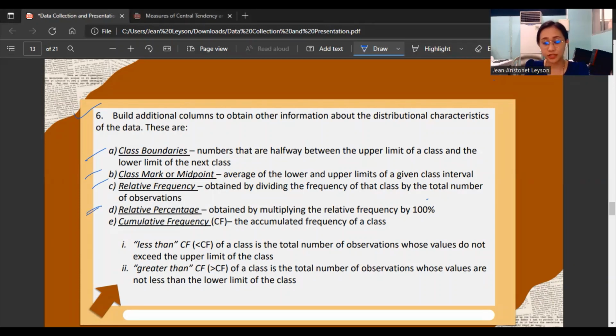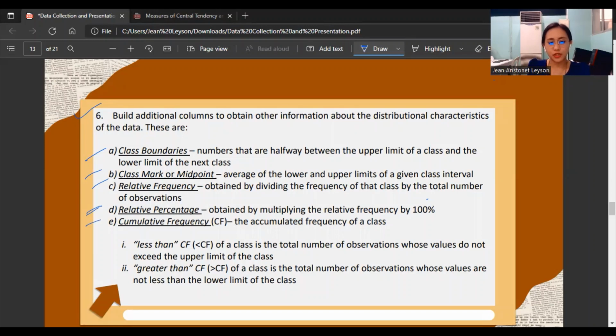The relative percentage is obtained by multiplying the relative frequency by 100%. Let's go back to my example earlier. If, for example, for a certain data, the frequency is 2 and there are 10 data or values in a data set, that's 2 divided by 10. So that's 0.2, and multiplying that by 100, that is 20%.